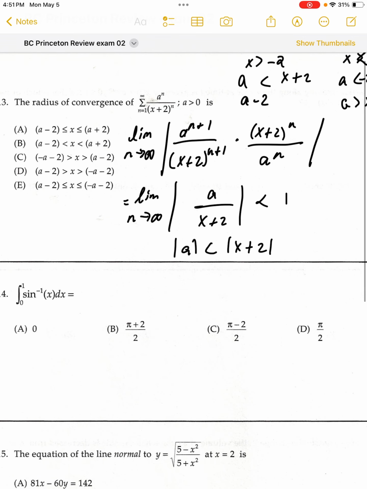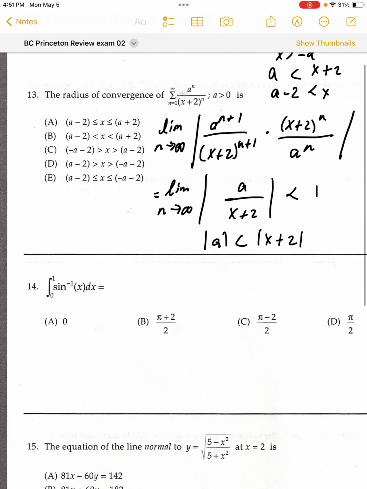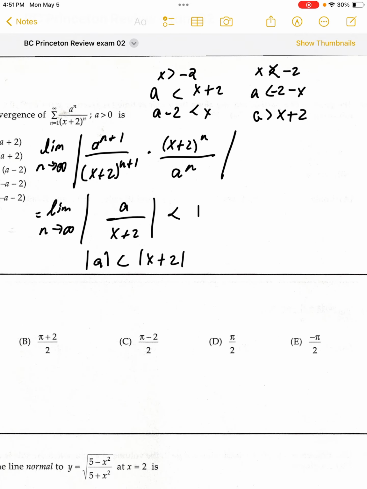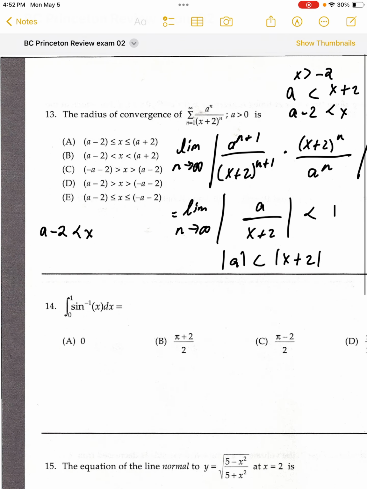So we have a minus 2 should be less than x.